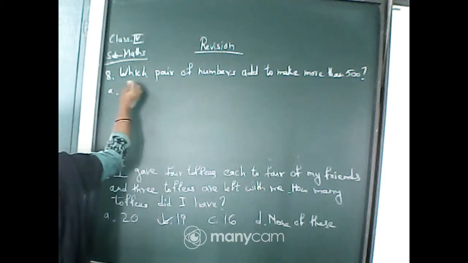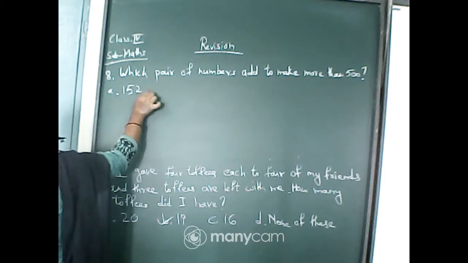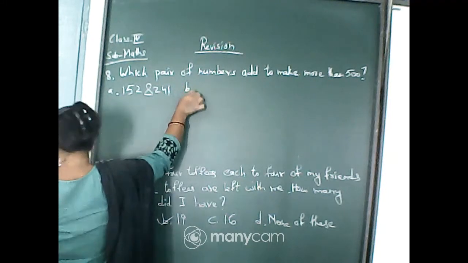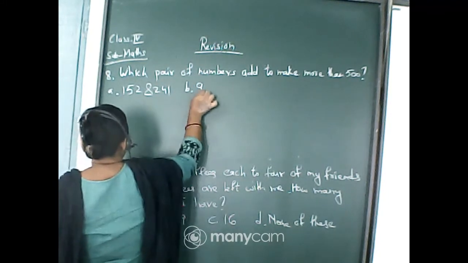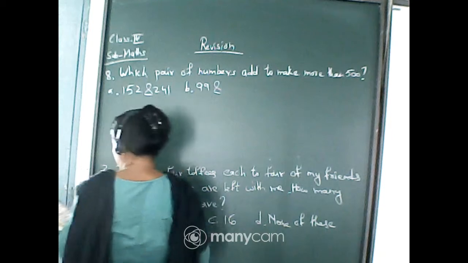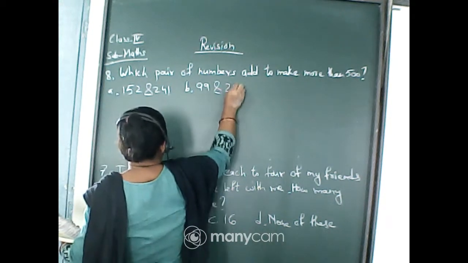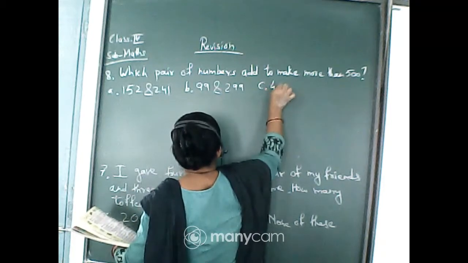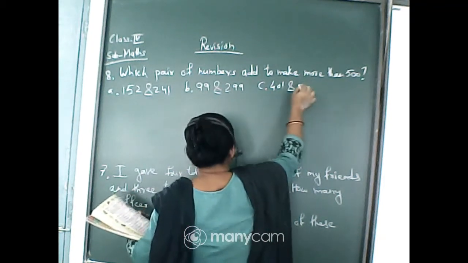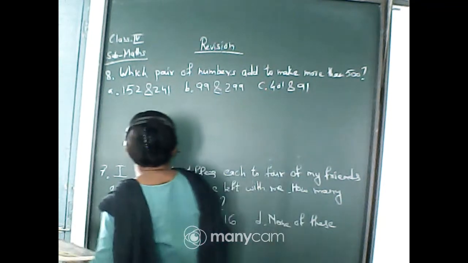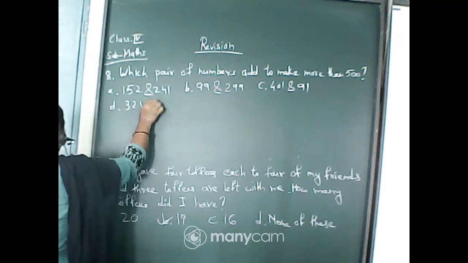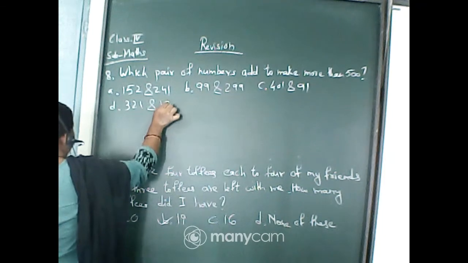Options are A, 152 and 241. Option B, 99 and 299. Option C, 401 and 91. And option D, 321 and 192.